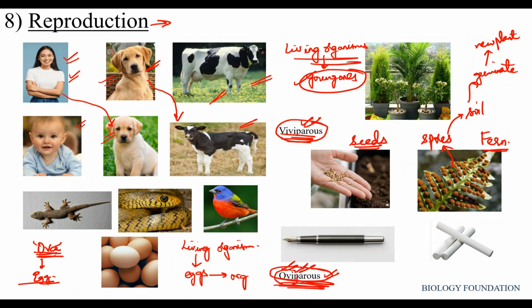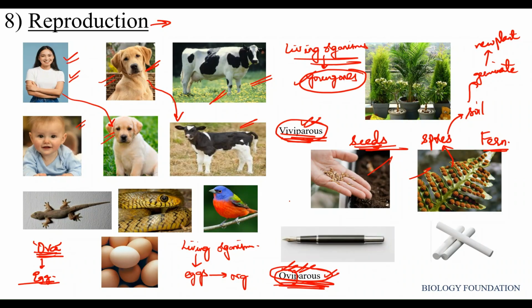Ova means egg, and those that give birth to young ones directly are said to be viviparous. What about plants? They don't lay eggs, but instead they produce seeds or spores during reproduction. These seeds or spores, when grown in soil and provided with suitable conditions, germinate and give rise to a plantlet.